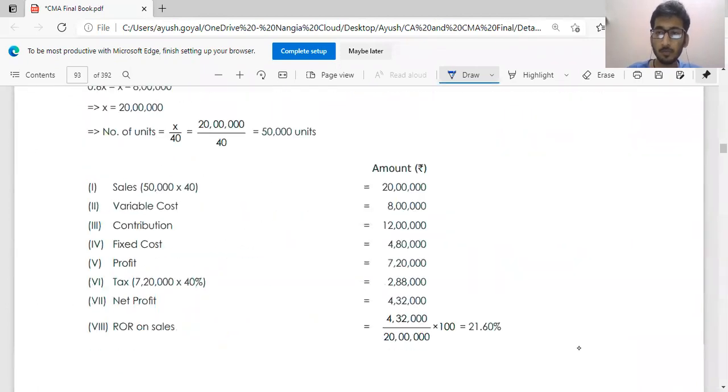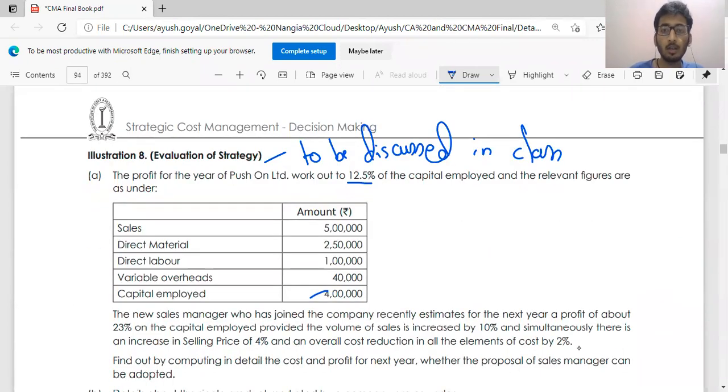Now we have done question number 7. Now let's come to question number 8. We'll do this question as well in today's class, and after that, we'll sum up the lecture.